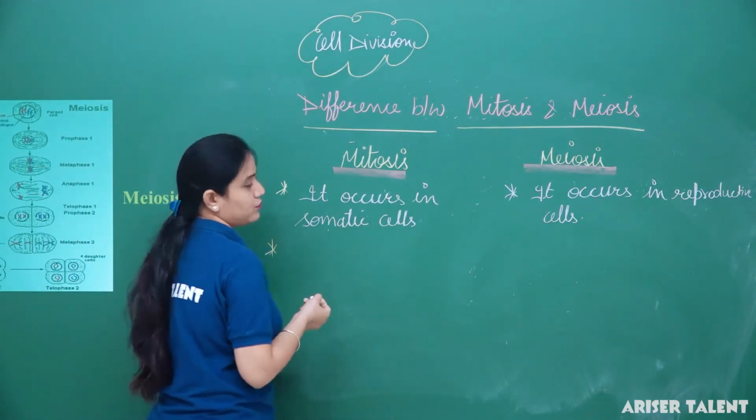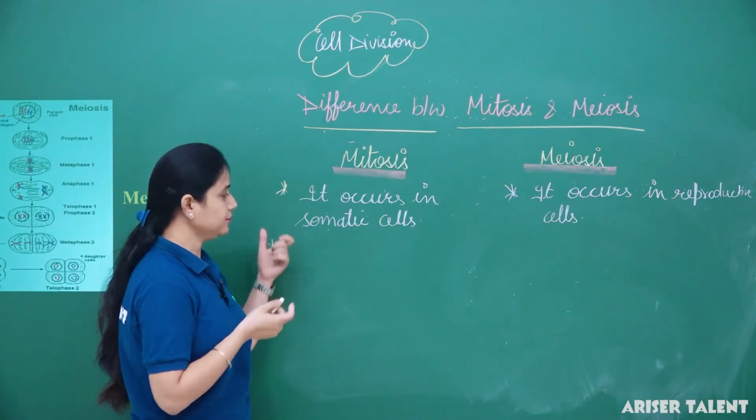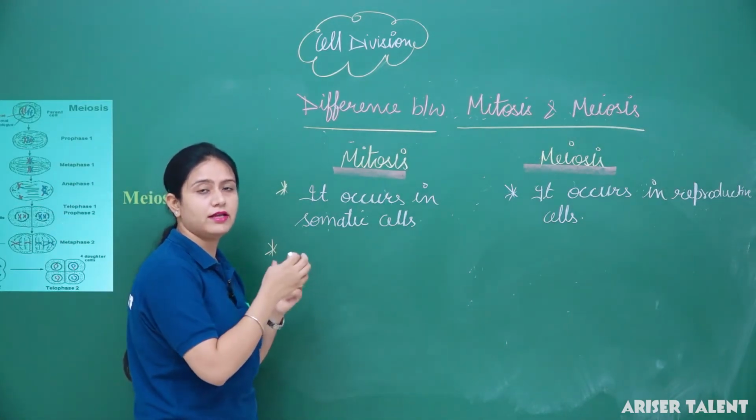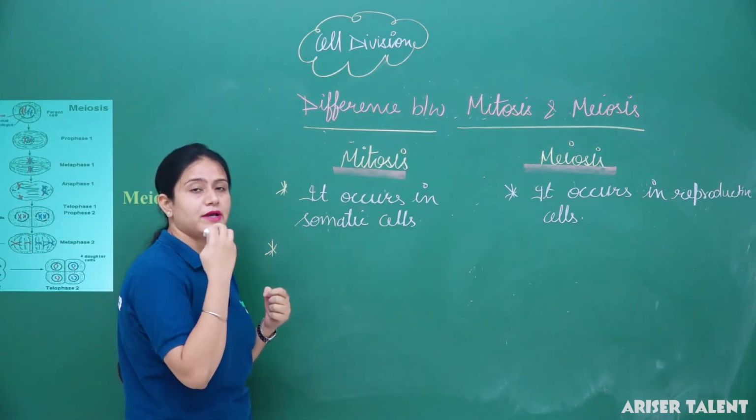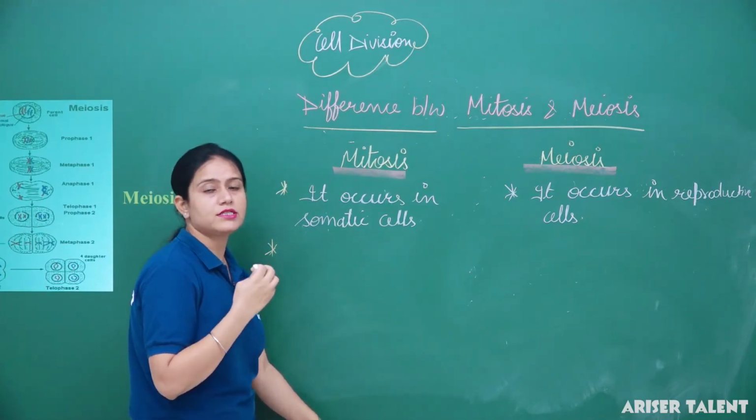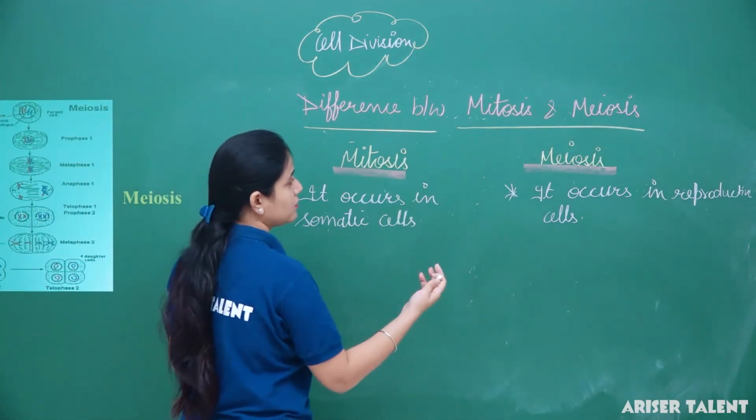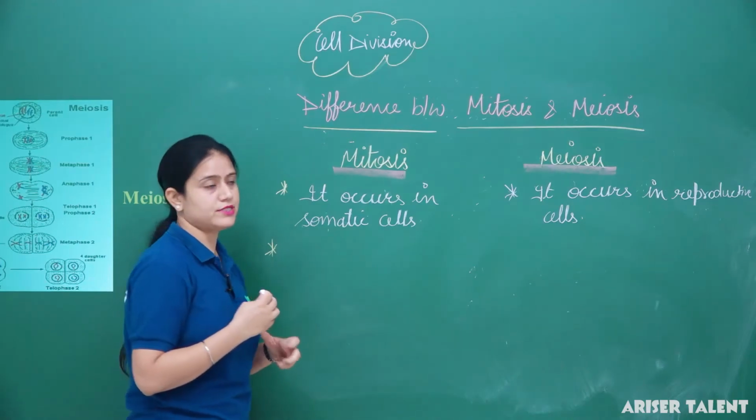Generally, in mitosis, what happens? It divides the parent cell and forms genetically identical daughter cells, but meiosis produces haploid cells.